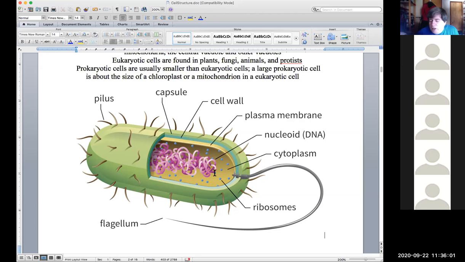There's rRNA in the ribosome, and the RNA that picks up amino acids in the cytoplasm and transfers them from the cytoplasm to the new protein being built on the ribosome is called transfer RNA, usually abbreviated as tRNA.